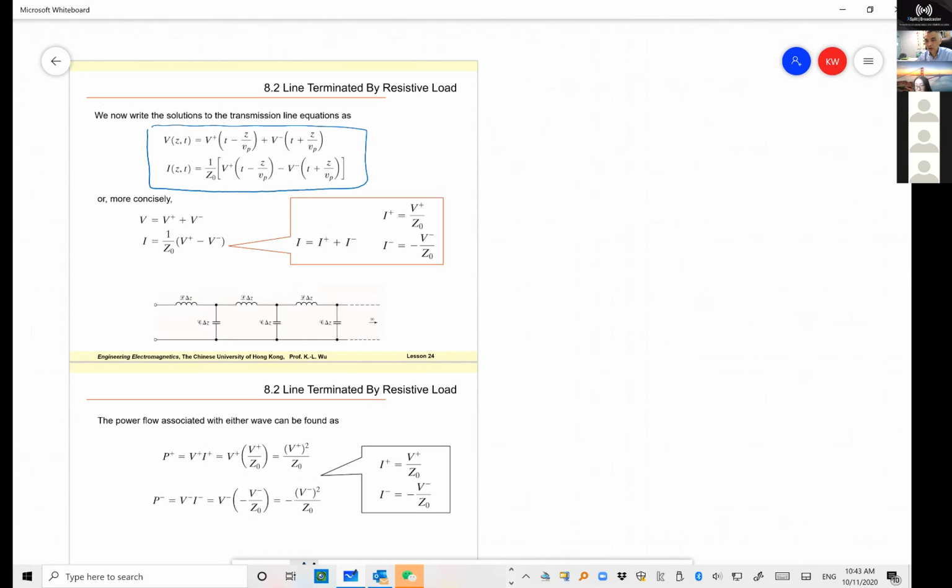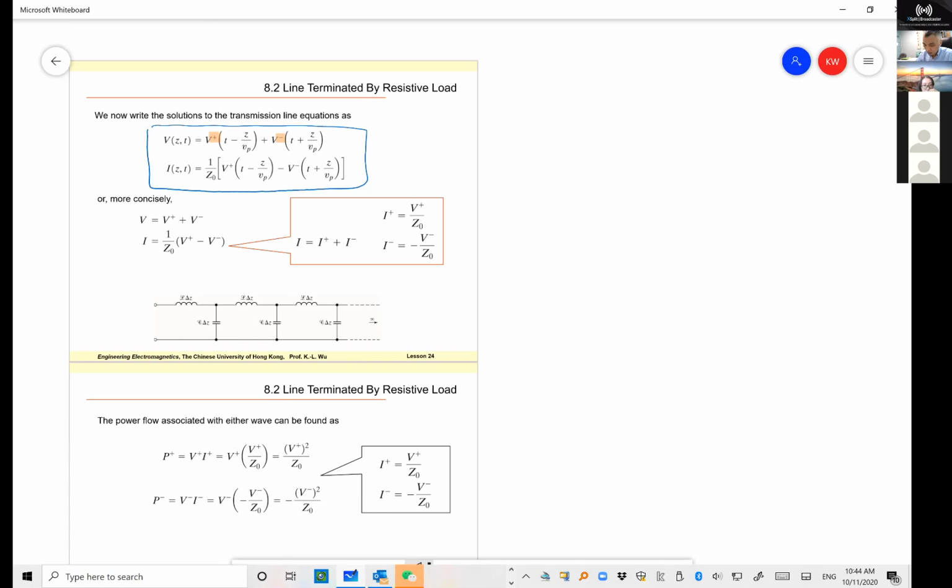So now we know the solution form, but we don't know exactly what it is. So we use this symbol to represent the voltage propagating in the positive z direction, and this symbol for the wave propagating in the minus z direction.